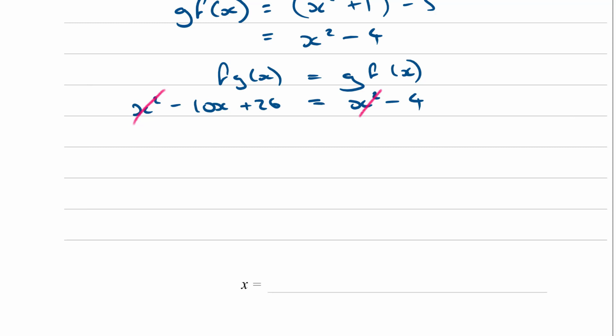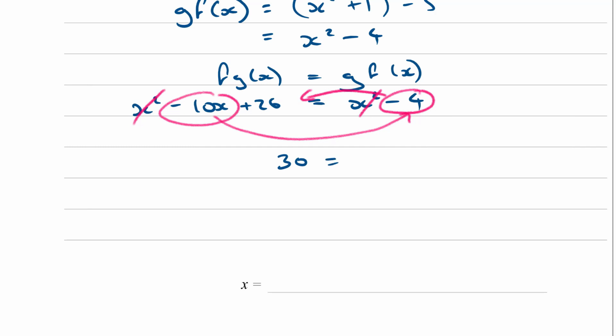So I'm going to move the minus 10x to this side, and I'm going to move the minus 4 to this side. So that gives me 26 plus 4 is 30 equals 10x. So x equals 3.